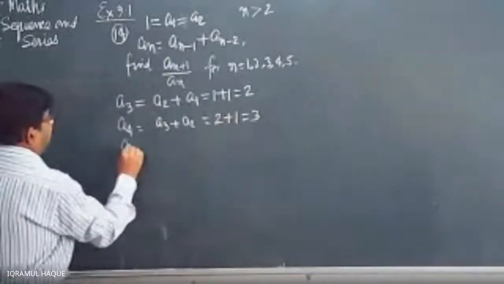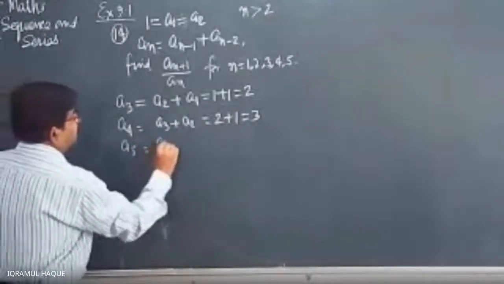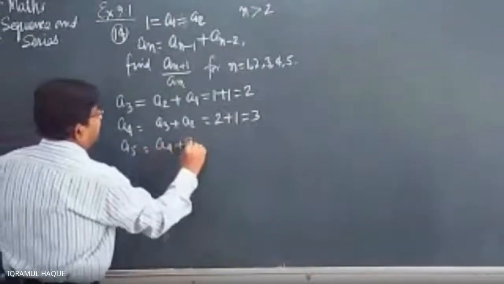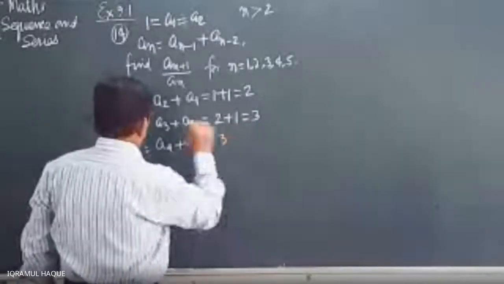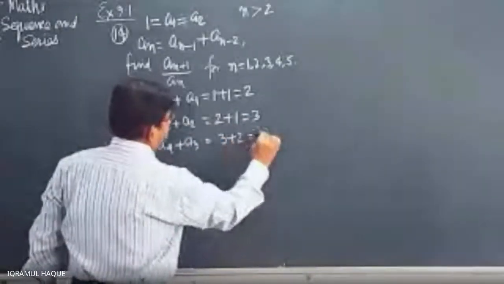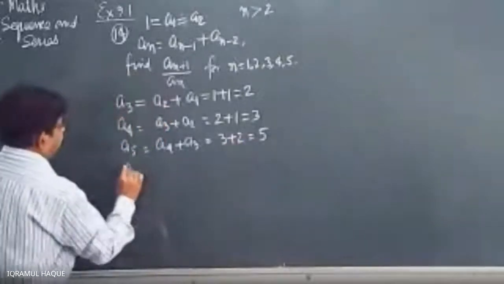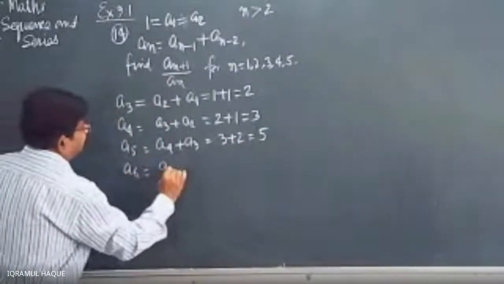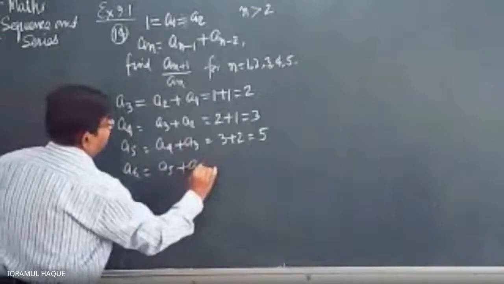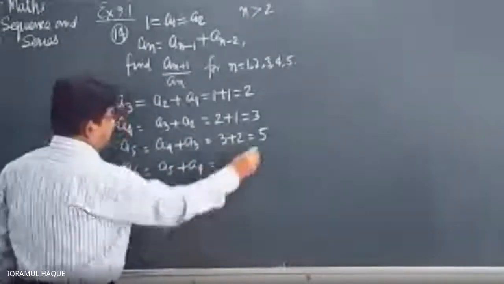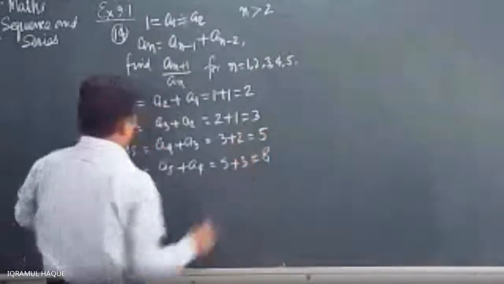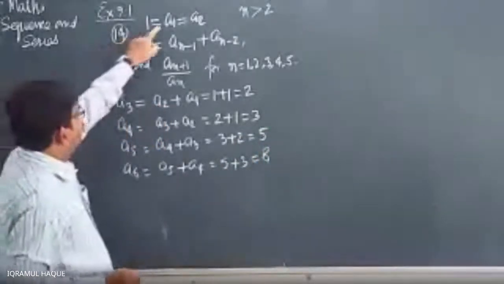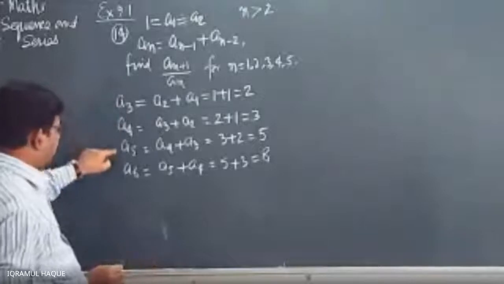Now find A5: this is A4 plus A3, 3 plus 2 is equal to 5. Find A6: this is A5 plus A4, 5 plus 3, 8. So all values we have got: A1, A2, A3, A4, A5, A6.